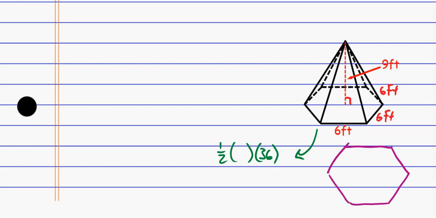And I didn't do a great job drawing a regular hexagon, but that's okay. If you kind of start to break this thing down, once again, this is kind of the thing we're looking for. So we're looking for that value right there, the apothem.